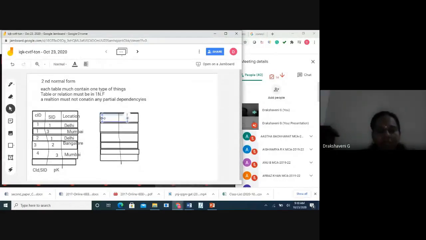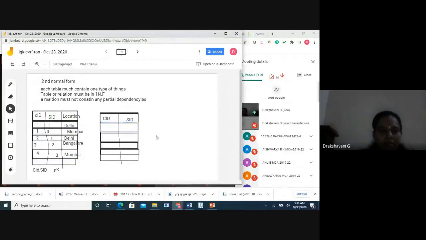How are we decomposing this table? First table, we are making customer ID and one more as SID. Then fill the details. Okay, let me write again.